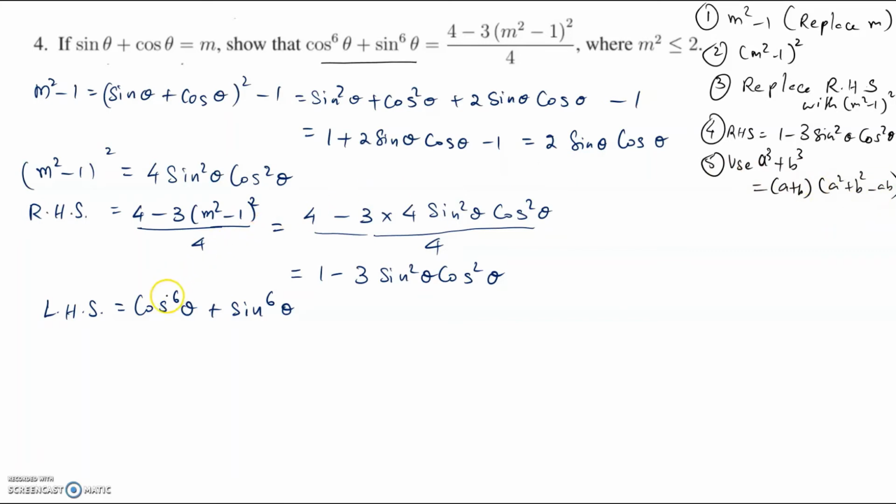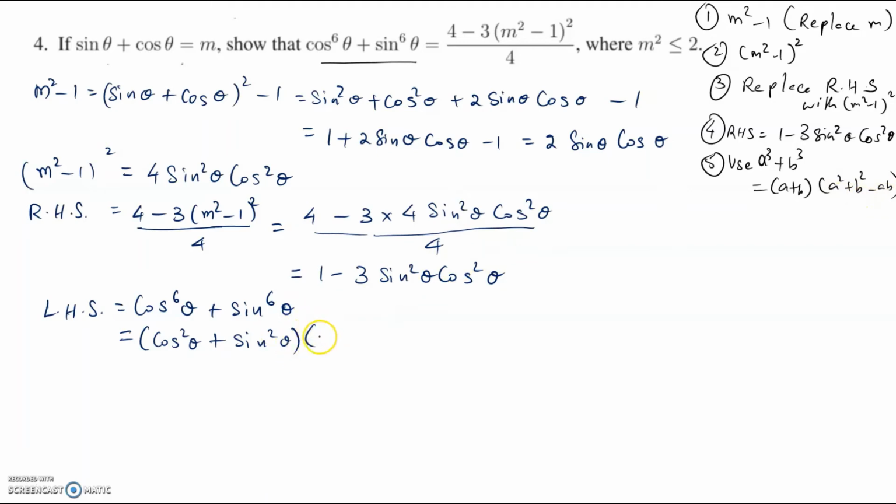So if we take our cos squared theta cube plus sine squared theta cube, then this can be further written as cos squared theta plus sine squared theta, which is a plus b here, then multiplied by a squared plus b squared minus ab.